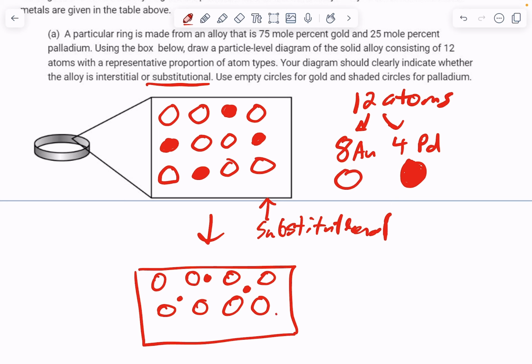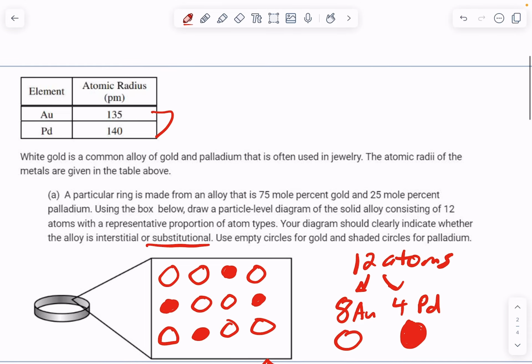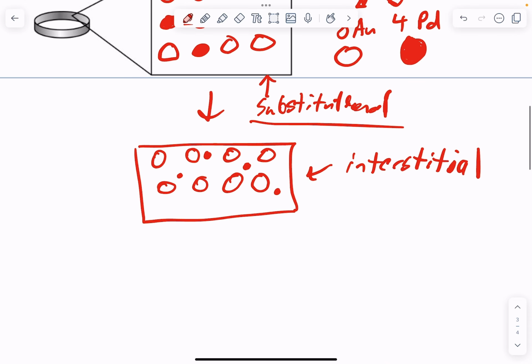So this would be an interstitial representation versus a substitutional. Now, the reason why I'm using substitutional is because they are roughly the same size. If it was much smaller, then I would do interstitial.